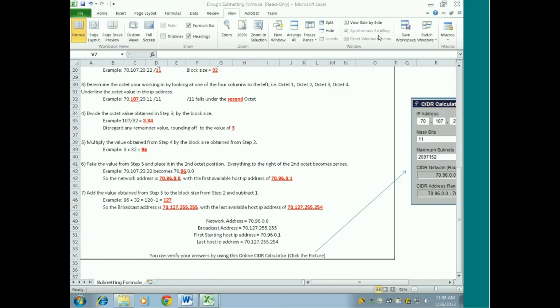How big is that block? Do you have Doug's subnetting chart in front of you? Which octet are we in? So look at your block size column in the second octet. How many hosts do we have with a /11?